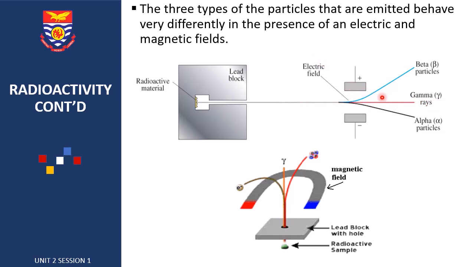This deflection depends on the mass of the particles. So alpha particles are heavier, so they are deflected less as compared to beta particles. Also, in a magnetic field, the gamma rays will pass through the magnetic field because they have no charge, and the alpha and beta particles will be deflected in opposite directions.